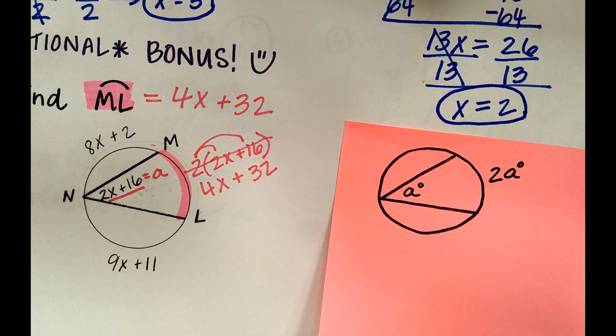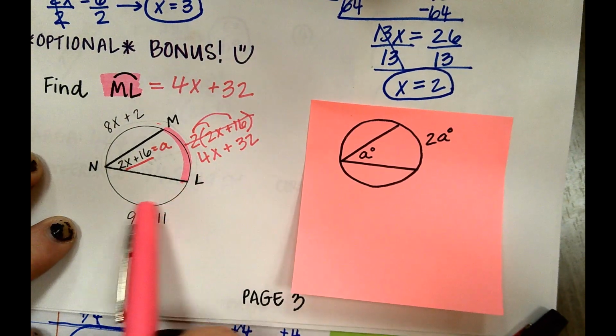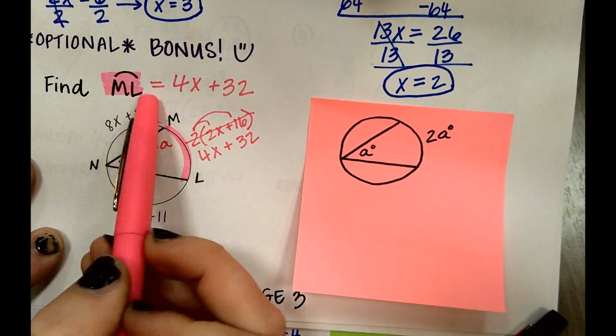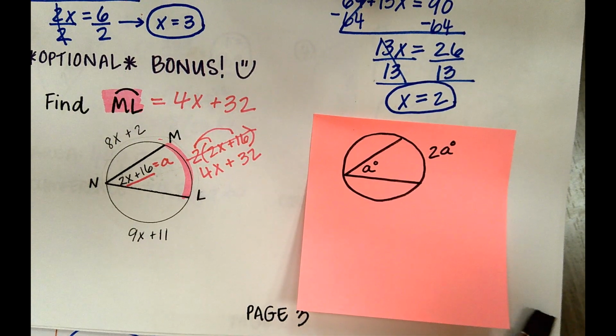Isn't it 360? Mm-hmm. Okay. So it would be 8x plus 2 plus 4x plus 32 plus 9x plus 11 equals 360. Yes. If we have the measures of every arc in the circle, all the arcs add up to 360, just like the angles inside.